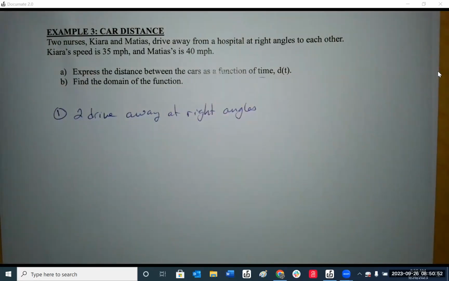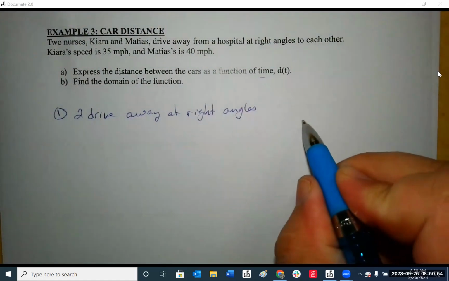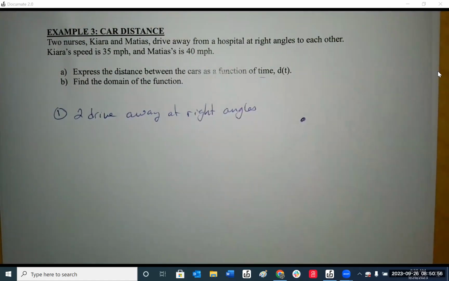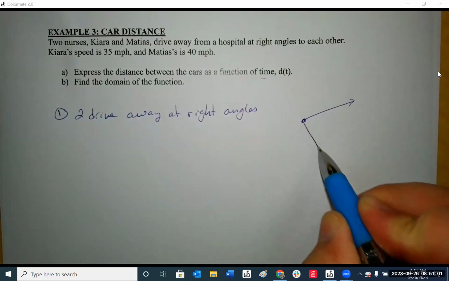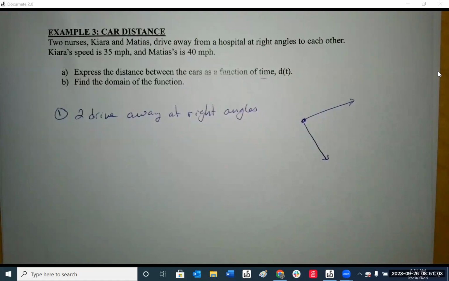That's the first thing. That's important because what does that mean? They both start off from the same place and they both start off at the same time. Because if they didn't start off at the same time, then we have to have a shift in that time when the first one took off and the second one took off. So this tells us that they both took off at the same place and at the same time.